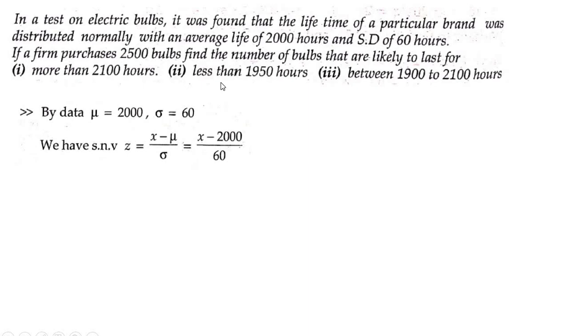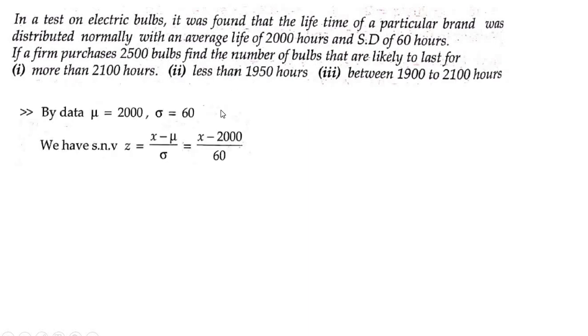If a firm purchases 2500 bulbs, find the number of bulbs that are likely to last for more than 2100 hours. So P of x greater than 2100 hours. Next, P of x less than 1950 hours and P of x greater than 1900 less than 2100 hours, we have to calculate.